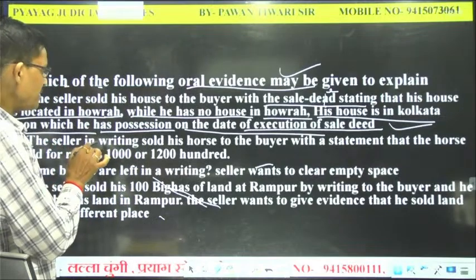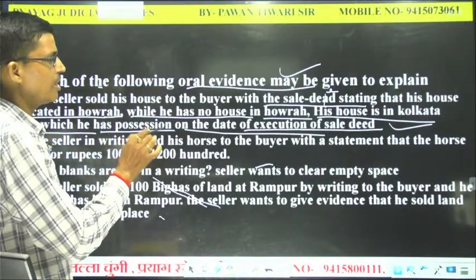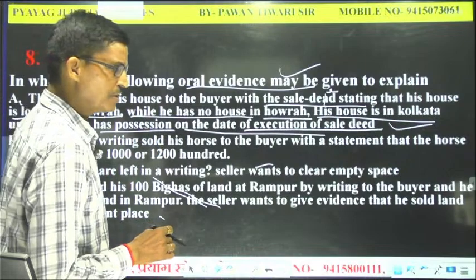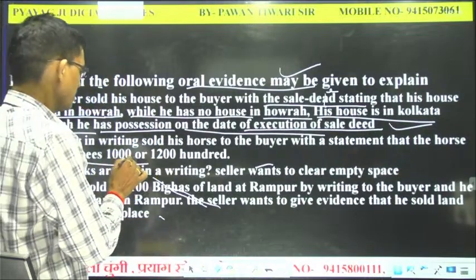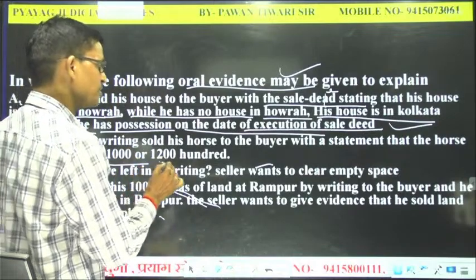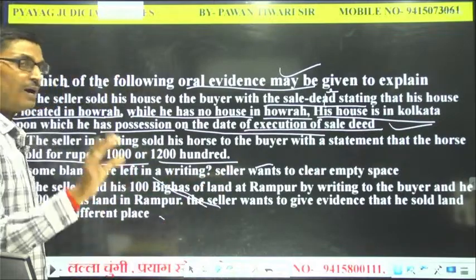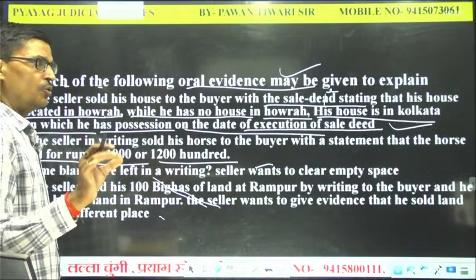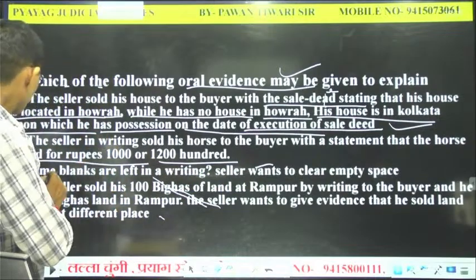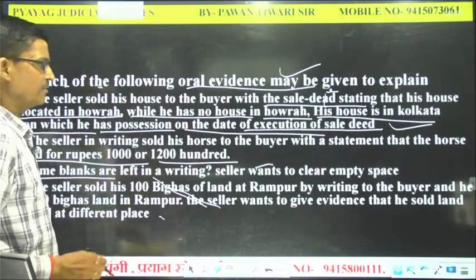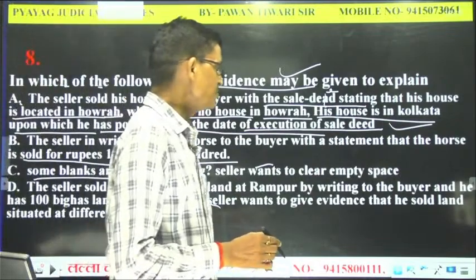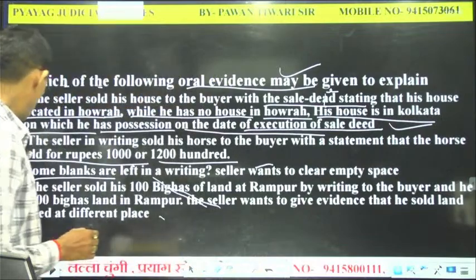The seller in writing sold his horse to the buyer with a statement that the horse is sold for rupees 1,000 or 2,000. It is ambiguity on the face, so no evidence is required. Some blanks are left in a writing. Seller wants to clear the empty space.